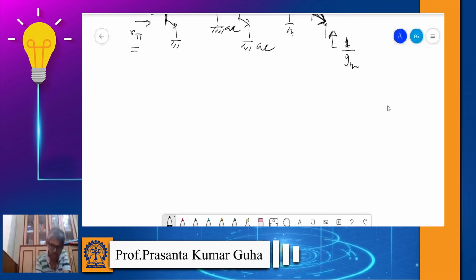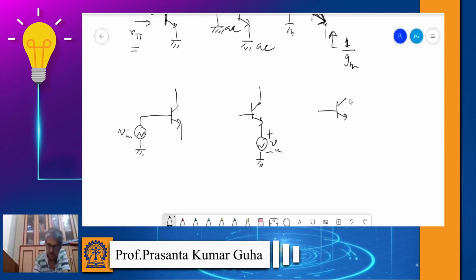We can connect our AC signal to the base, to the emitter, or to the collector.